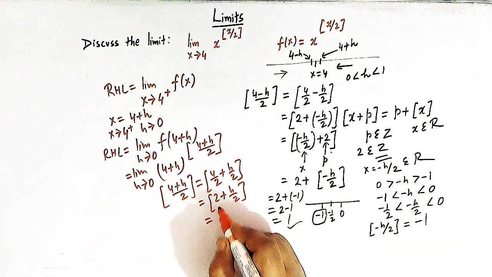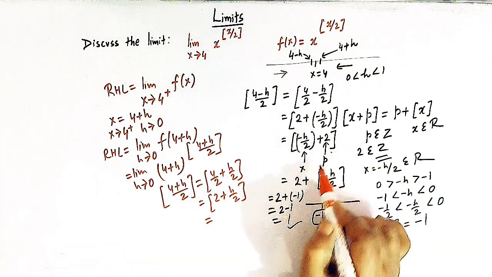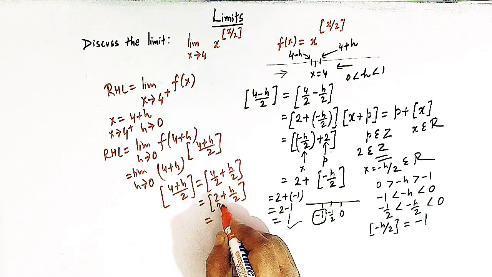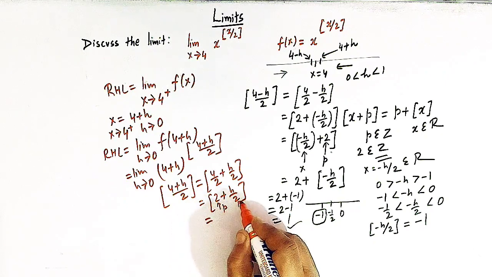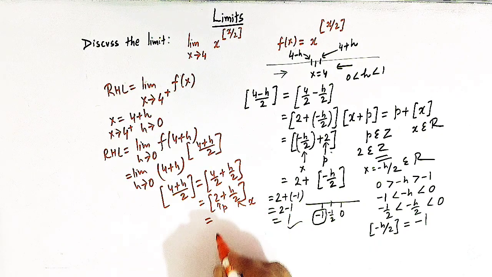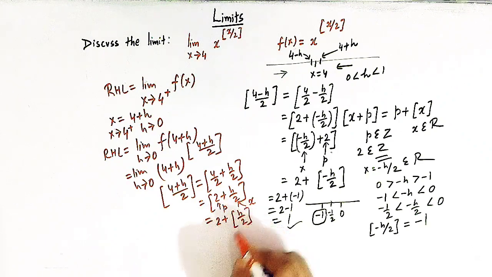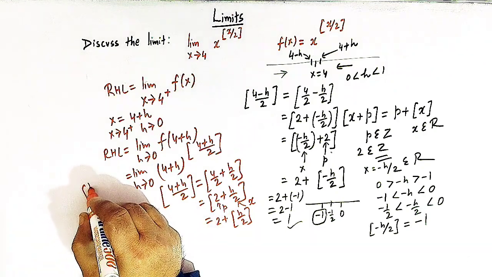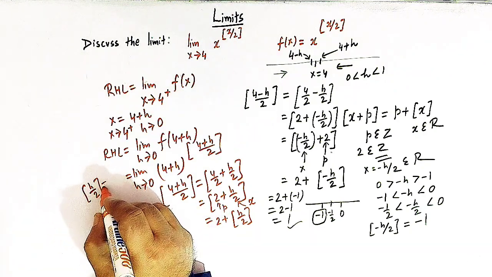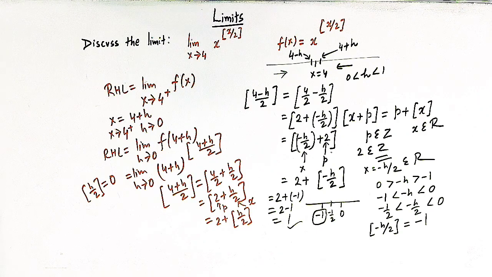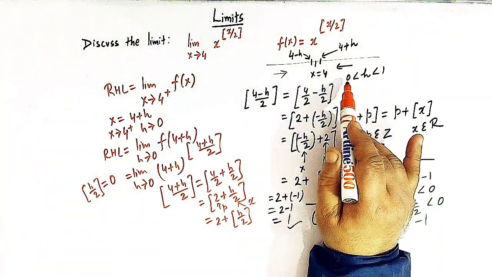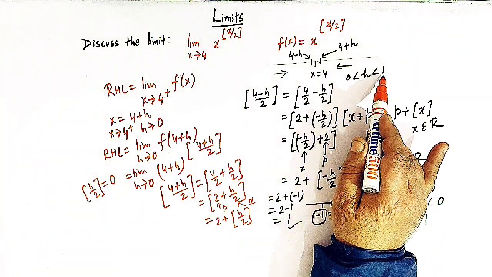And now the value of p is 2, and x is h over 2. So we can now write 2 plus greatest integer of h over 2. Now see, the value of greatest integer of h over 2 is equal to 0, because h lies between 0 and 1.